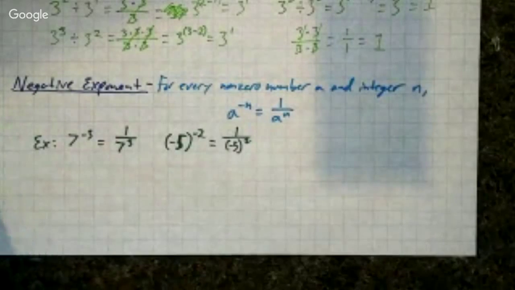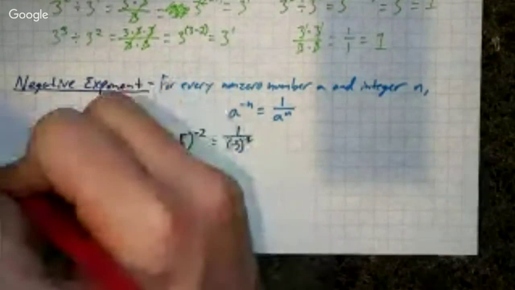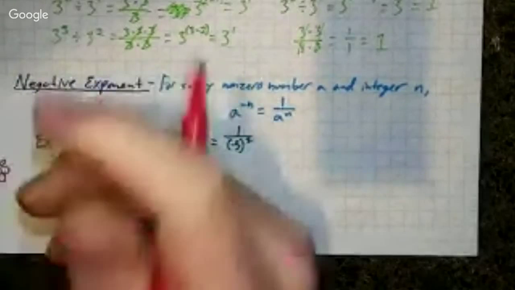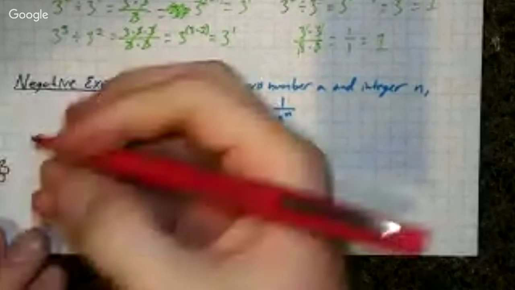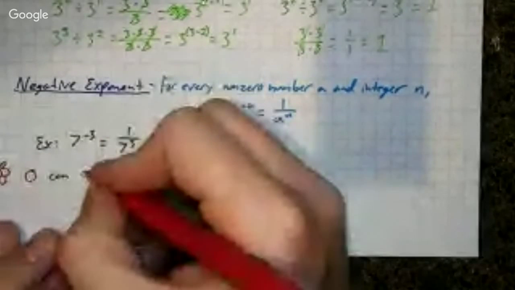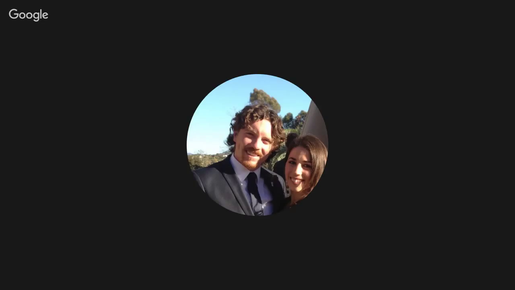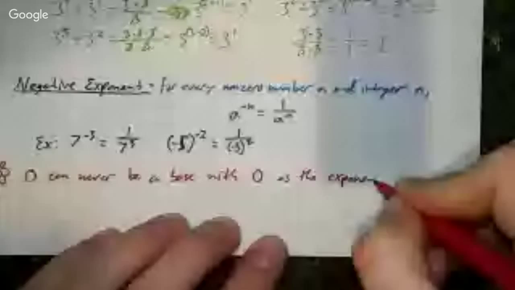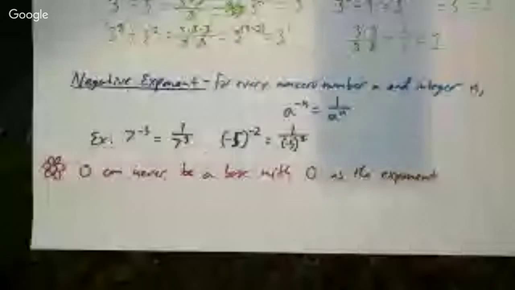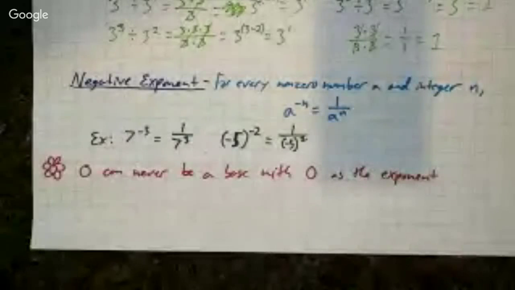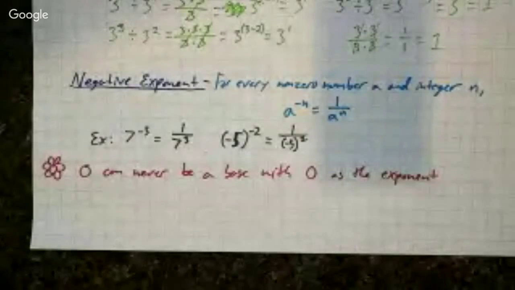All right, before we get into any modeling, there is a little note I want to make. This is going to be part of our details. 0 can never be the base with 0 as the exponent. You can never see 0 to the power of 0.